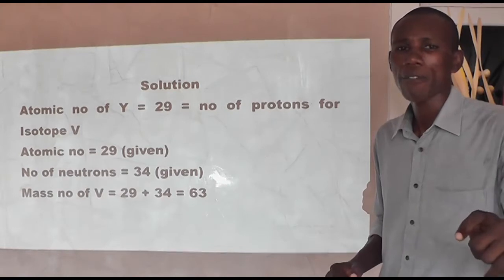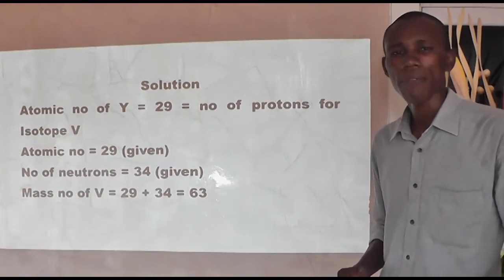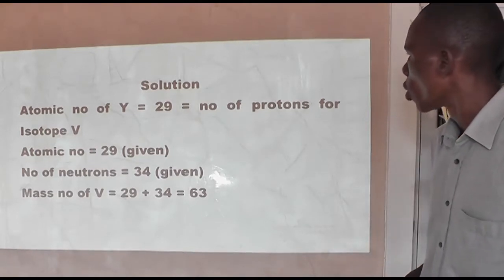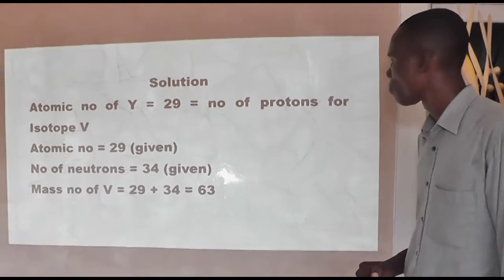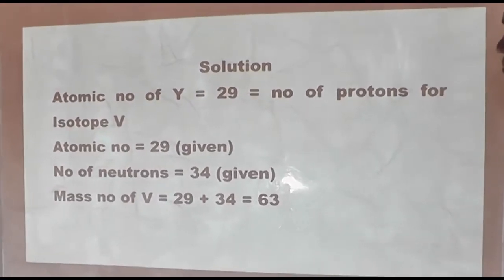Therefore, they must have the same atomic numbers. Invariably, they must have the same number of protons. Hence, the number of protons of Y is equal to 29, and that of isotope V is also 29.